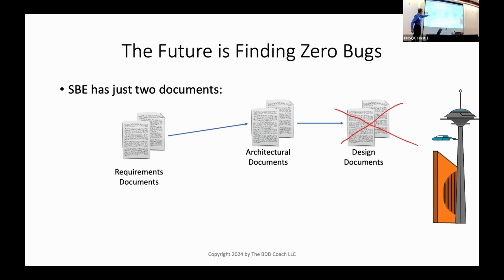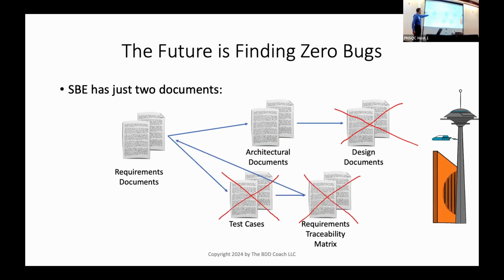Specification by example says those should all be listed in the requirements, the examples in the requirements. And it doesn't need test cases because your requirements are your test cases. Why would you spend time writing test cases if you can run your requirement? And you don't need a requirements traceability matrix because you don't need to trace something back to itself. And your test report is a list of all of your requirements, and every requirement is either green or red.